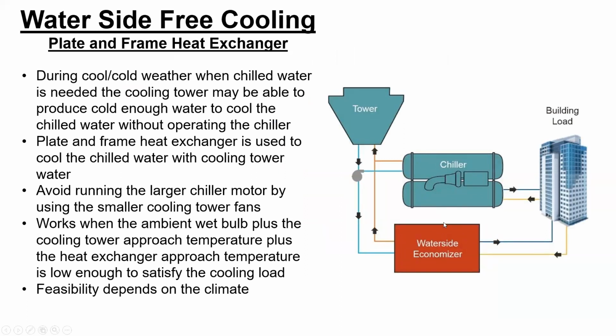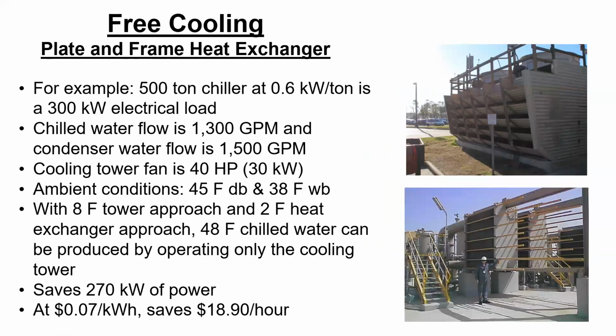In this case, there is a plate and frame heat exchanger, as you can see in the red block, where the building load loop exchanges heat with the tower loop, a separate loop, making sure this loop is not exposed to oxygen. This way we are bypassing the chiller, and the cooling tower serves the whole building for that period of time when we can get enough cold water out of the cooling tower.